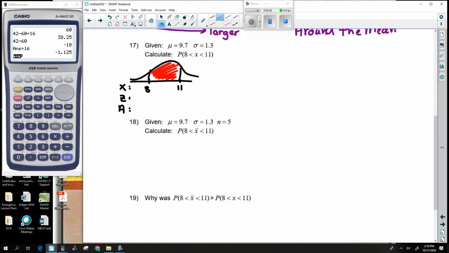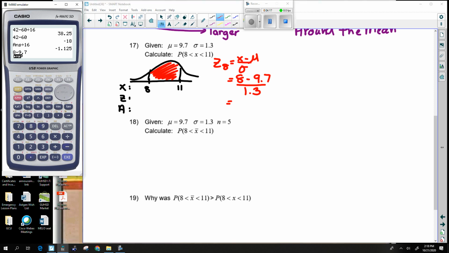So to do that, we have to turn them into areas. So here we go, z-score of the 8. Make sure you round that number, and thus the area of 8 is the area associated with negative 1.31.